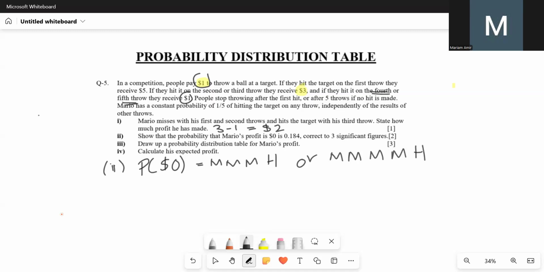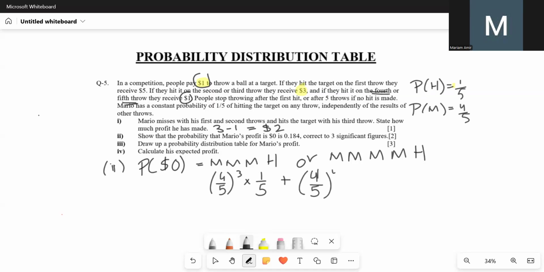Okay, so the probability of hitting is 1/5, which means the probability of missing is 4/5. So we're going to write 4/5 for all of these misses. And since there are 3 misses, I'm going to cube it times 1/5, plus we have 4 misses here. So 4/5 to the power 4 and a hit, which is 1/5. Okay.